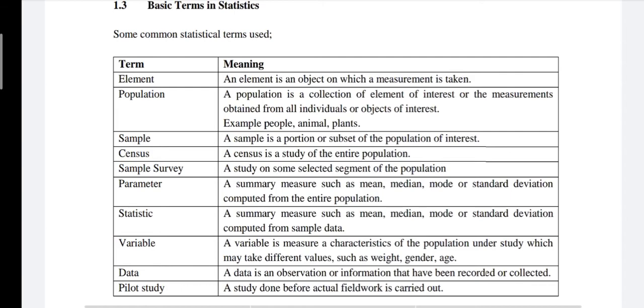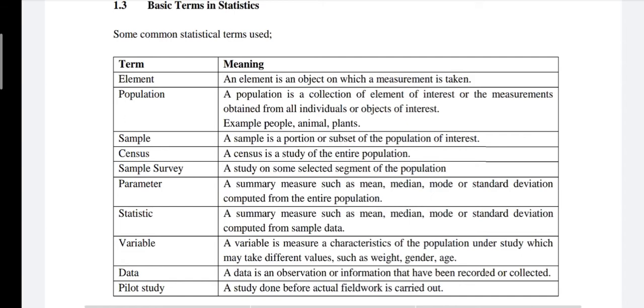Alright? Okay, alright. So the next one that is the important term that you need to know adalah variable, which is the characteristic of the population under study, which may take different values. Okay, variable adalah characteristic of interest. Apa yang you nak kaji, itu adalah variable.